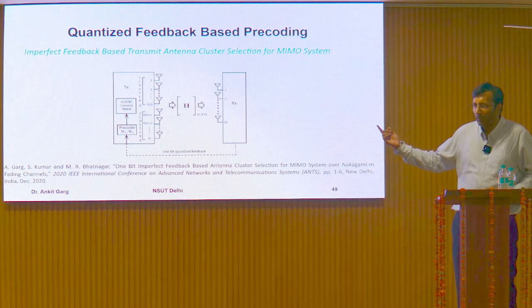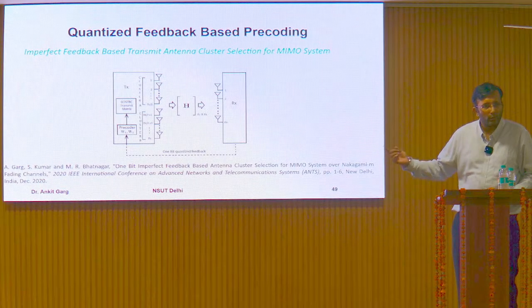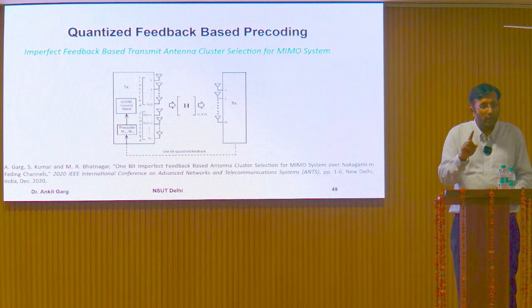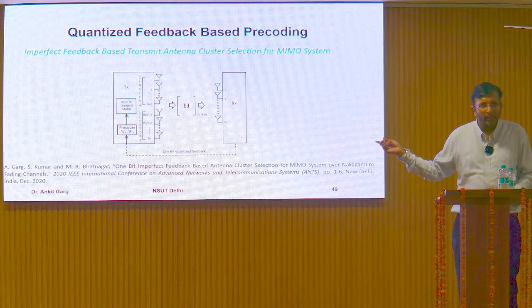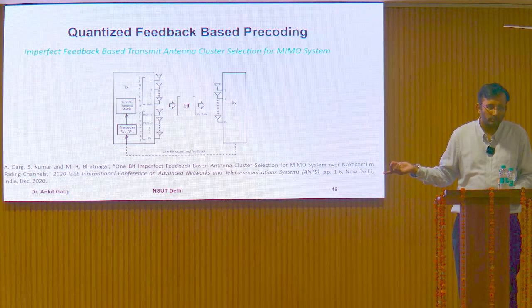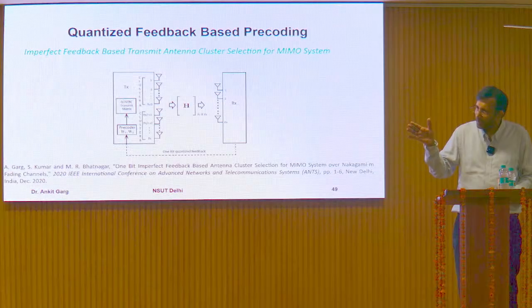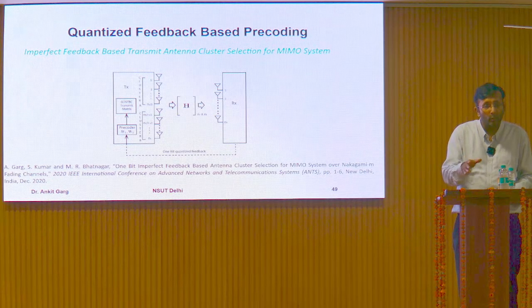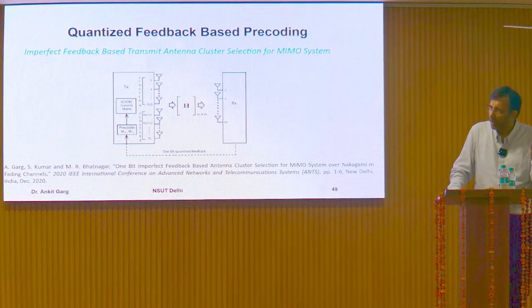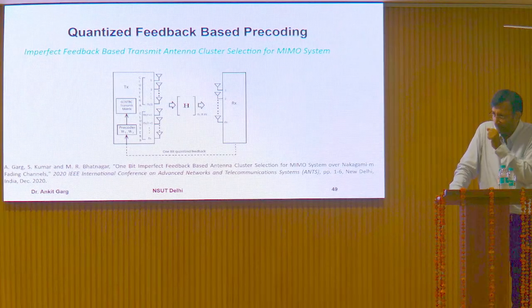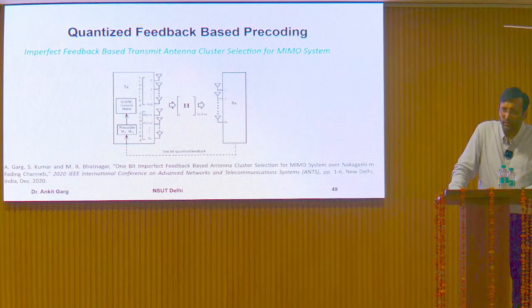For bit 1, we would select cluster 2. So only 1 bit would be required, however many antennas NT we have. So we reduce the required number of feedback bits from log base 2 N to 1. But the performance is not going to be comparable. Why?